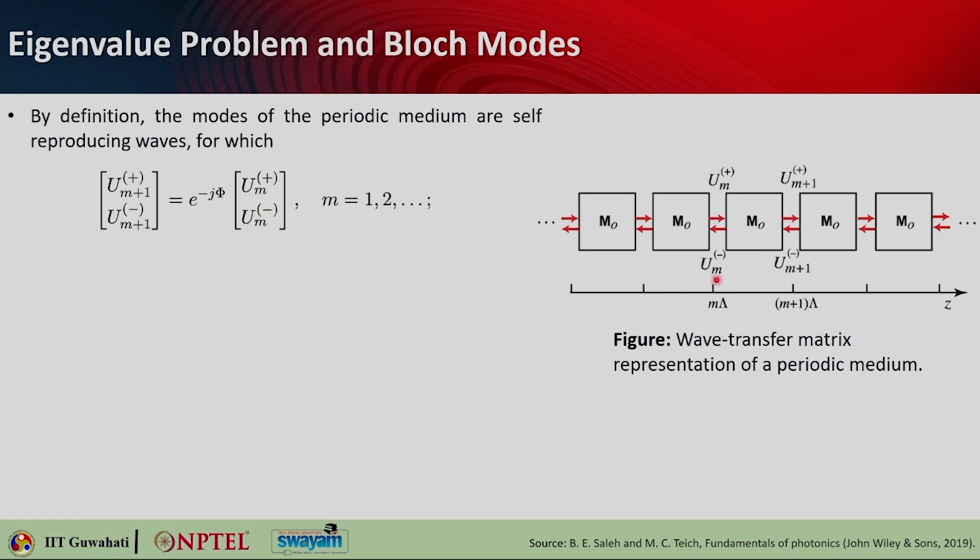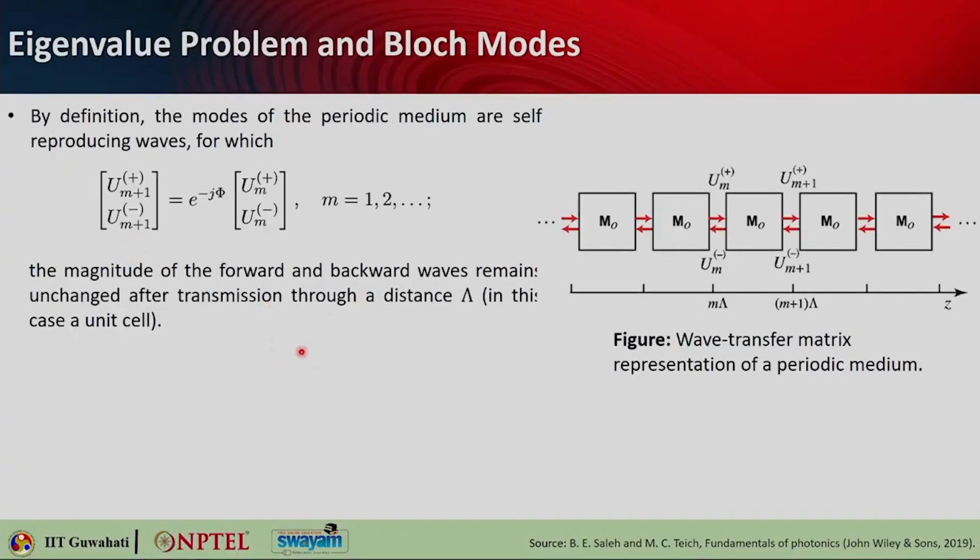If you take the amplitudes of the forward and backward moving waves for the mth cell, where m is 1 or 2 or 3 or anything, and multiply this by e to the power minus j phi, that is the amount of phase accumulated while crossing this unit cell, you get the amplitudes of the forward and backward propagating waves of the next unit cell.